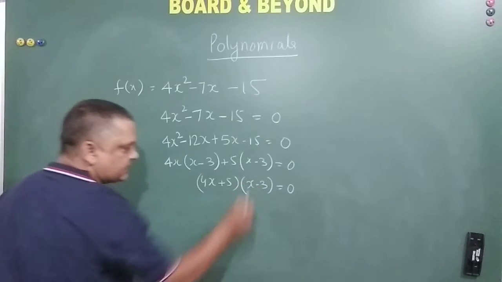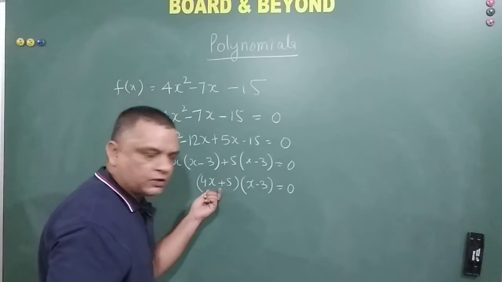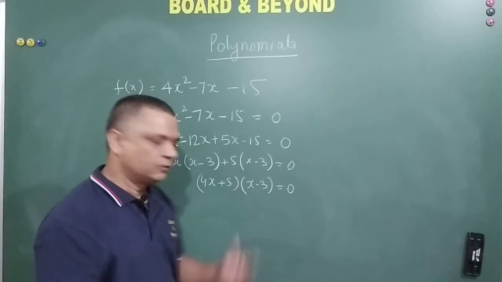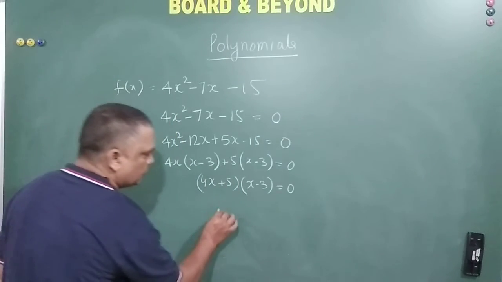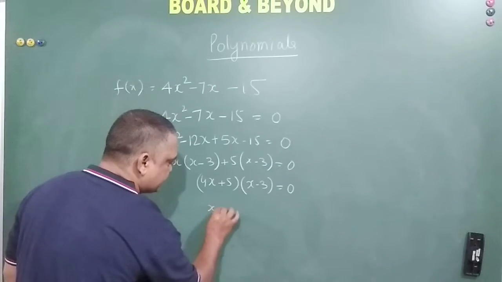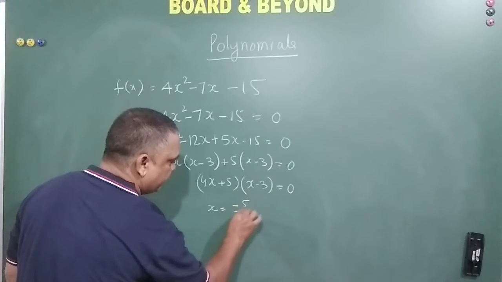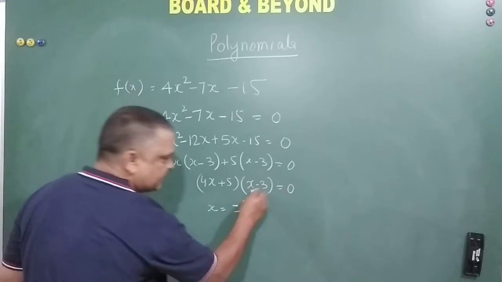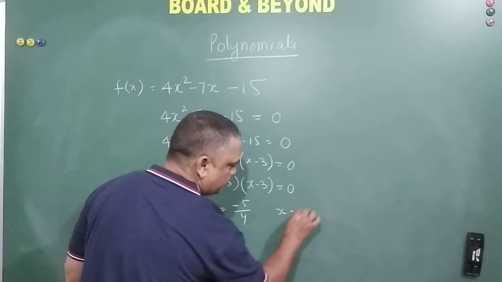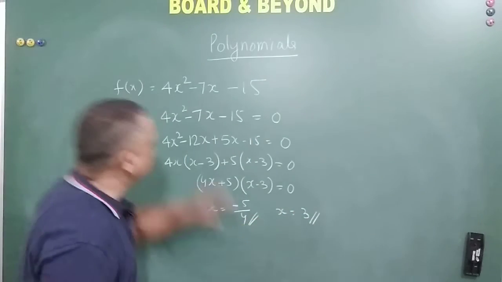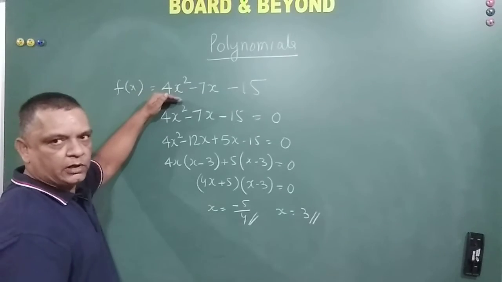So this signifies that either this is equal to 0 or this is equal to 0 or both of them are equal to 0, right? So equating the first one to 0, we get x is equal to minus 5 by 4, right friends? And equating the second to 0, we get x is equal to 3. So these two are the roots of this quadratic polynomial.